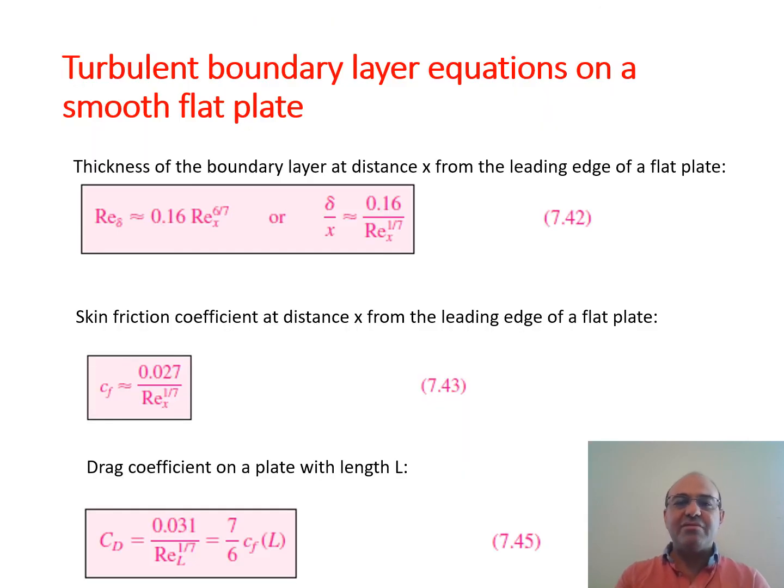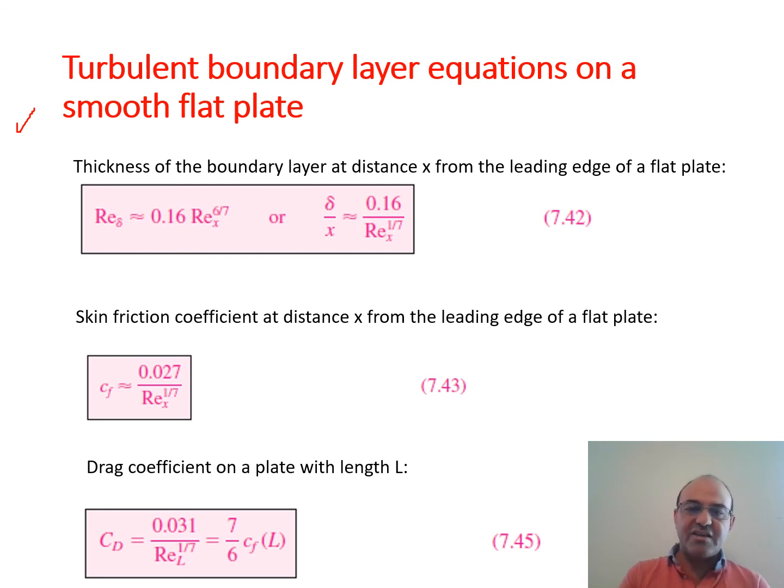So for the turbulent boundary layer equations, we are not going to talk about the modeling, we just show the equations. These are turbulent boundary layer equations on a smooth flat plate. The Reynolds number is larger than 5 × 10^5, or 10^6.